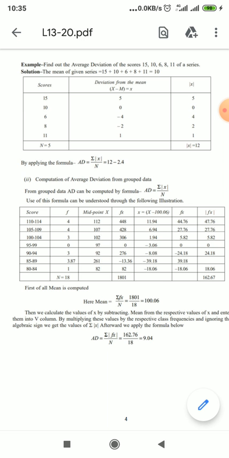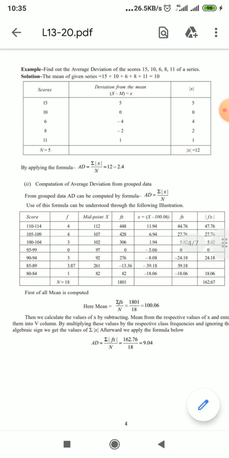Next, 8 minus 10 is equal to minus 2. And next, 11 minus 10 is equal to plus 1. This is the second data we got by the formula small x is equal to capital X minus M, where M is equal to the arithmetic mean and X is equal to the score.